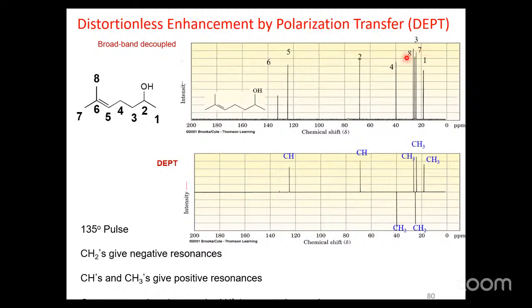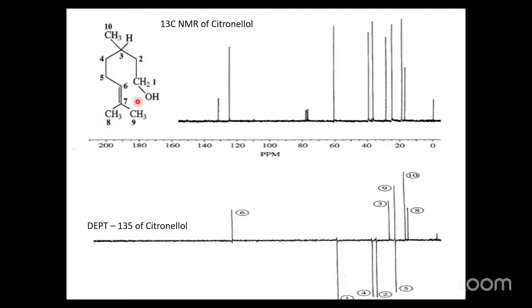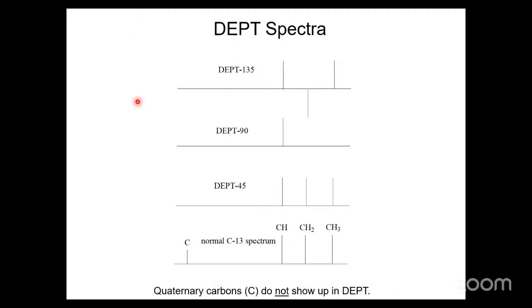In this way, DEPT will help you to assign the chemical shift to each carbon. The same is with citronellol. Citronellol contains a total of 10 carbons. The signals are there. DEPT will help you to assign all the carbons.